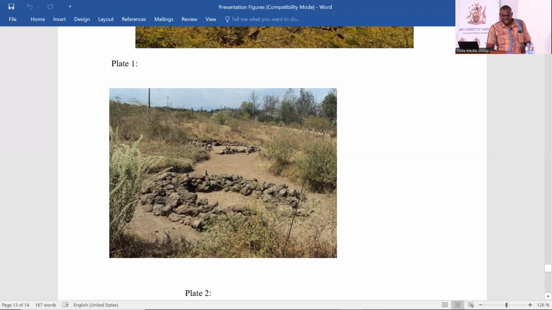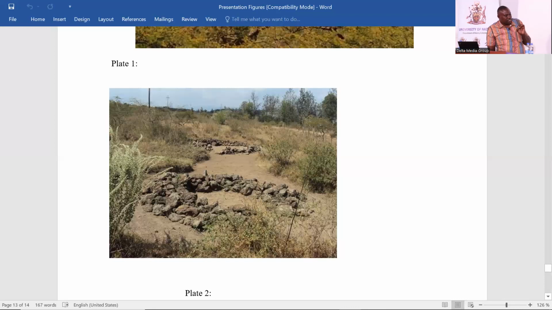If you look at this site, which I've already given the GIS readings, you can notice that there are two features here that we call occupational floors. These may have been used by Pastoral-Neolithic communities as sheltering places. Others say they could have been used as ceremonial places.